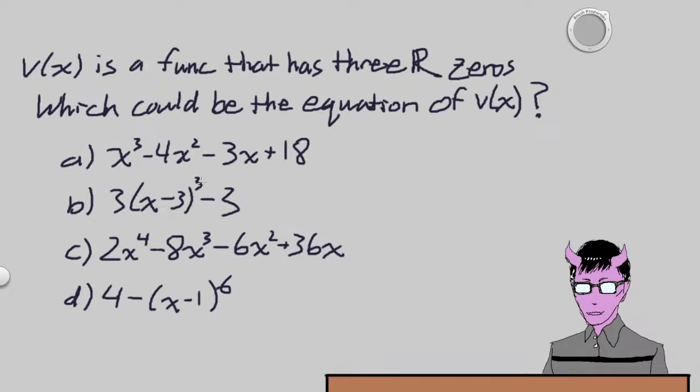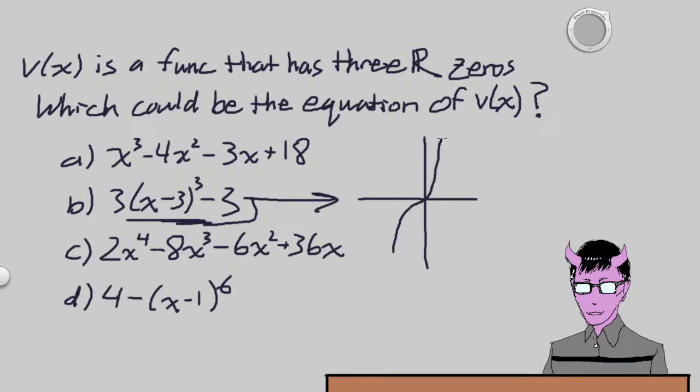This one here, it's also a cubic, but interestingly enough, if you memorize your shifting rules, that is going to be your standard cubic function, but shifted over 3 spaces to the right, 3 spaces down, and then a stretch of 3.